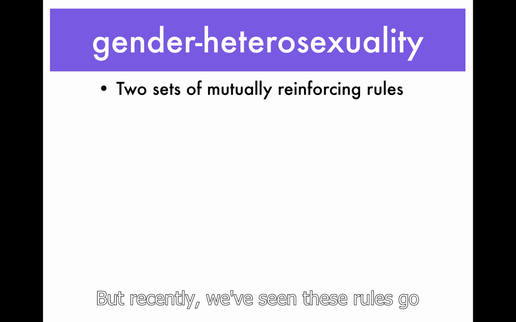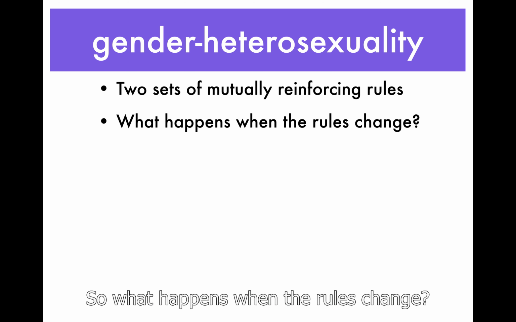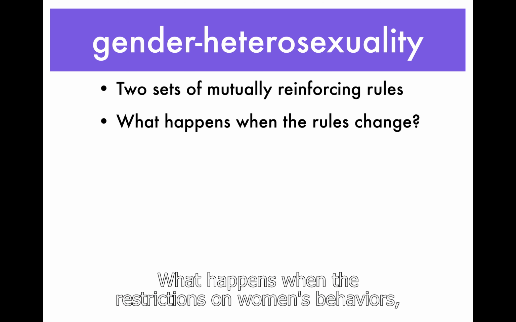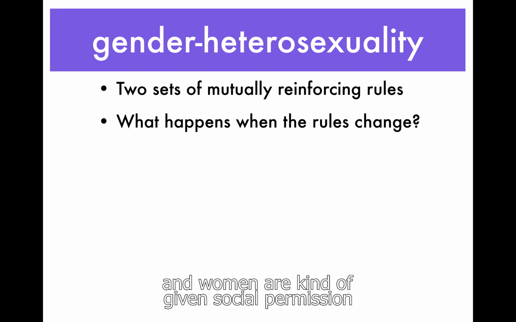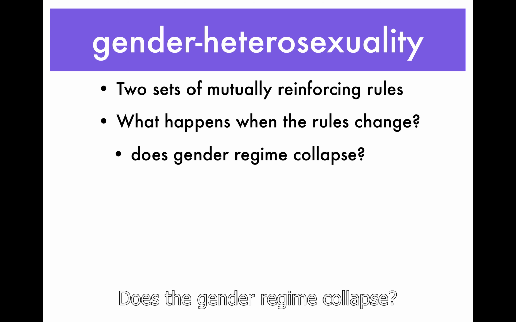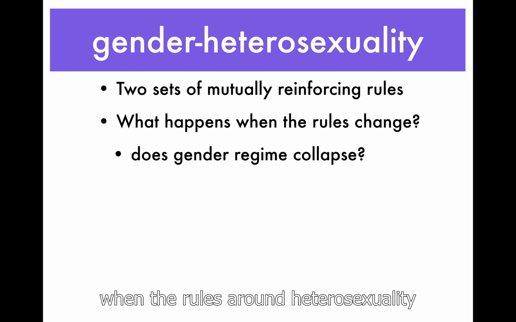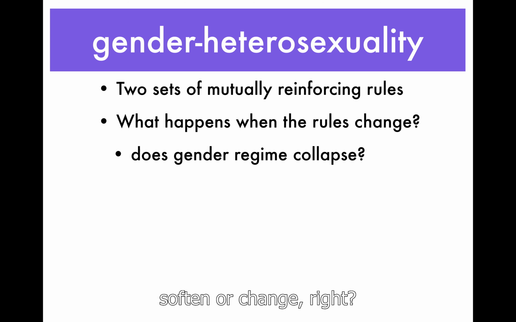But recently, we've seen these rules go through substantial social change, right? So what happens when the rules change? What happens when the restrictions on women's behaviors, for example, are lifted and women are given social permission to do a wider range of activity, like work and raise a family? What happens then? Does the gender regime collapse? Does patriarchy fold in upon itself? Similarly, what happens when the rules around heterosexuality soften or change?